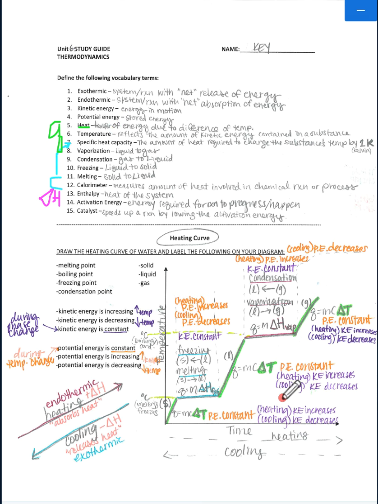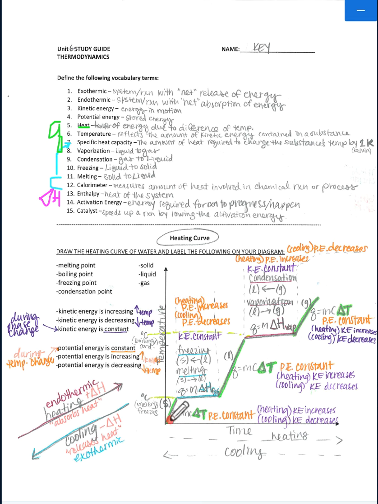It measures the energy associated with something moving. So when something's getting hotter, or even getting cooler, you're observing a change in the motion of those particles, okay? The reason I'm telling you that is because on this graph you'll observe a kinetic energy change and then a kinetic energy constant.